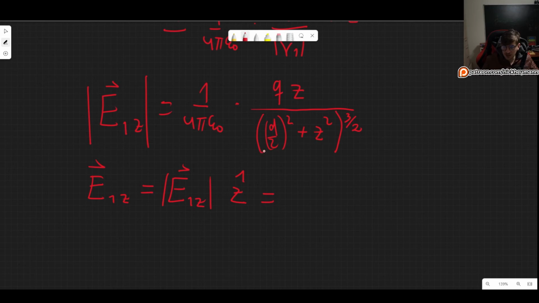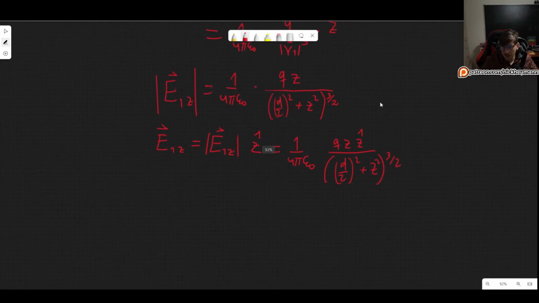So now I just need to write this down. So this is 1 over 4 pi epsilon 0 q z z hat divided by d over 2 squared plus z squared to the 3 over 2. And now what is the total electric field?